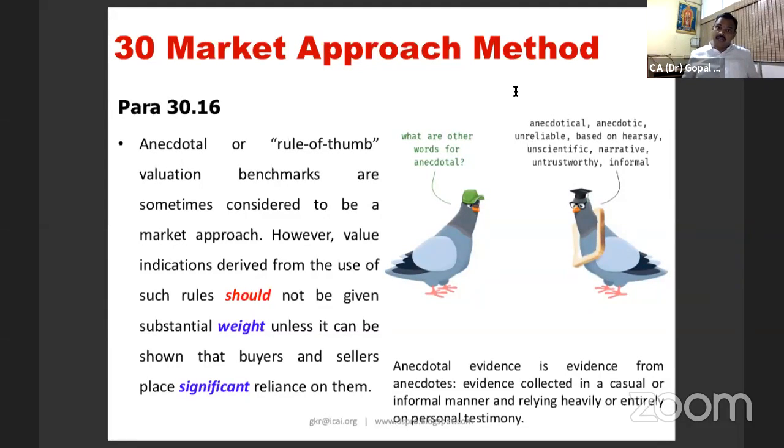So, value indication derived from the use of such rules should not be given substantial weight unless it can be shown that buyers and sellers place significant reliance on them. What do you mean by this? For example, the buyer and seller are okay with that price. Generally it will be for a restaurant business.